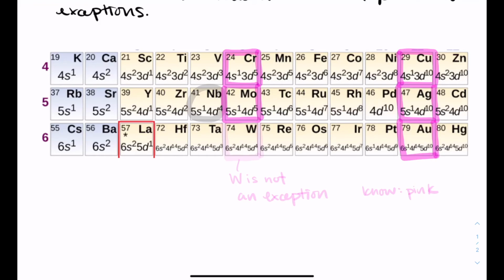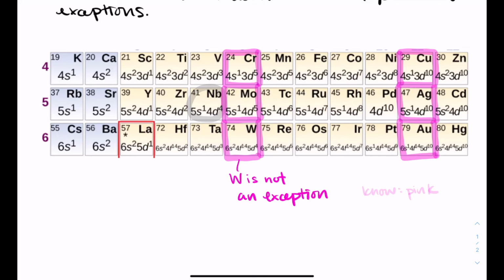In the sixth row, I have gold. I'm going to skip all the way over. So take a look at gold. It's got 6s1 and 5d10, which follows the pattern, but also it has a 4f14, because when I go across row 6, I fill the S block, and then that's where I hit the lanthanides and actinides.